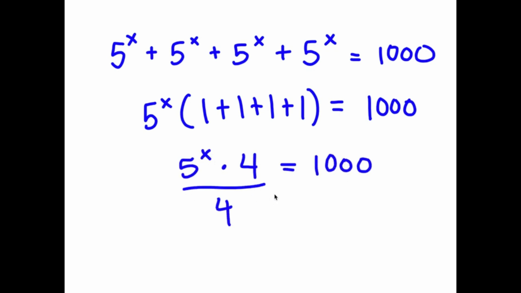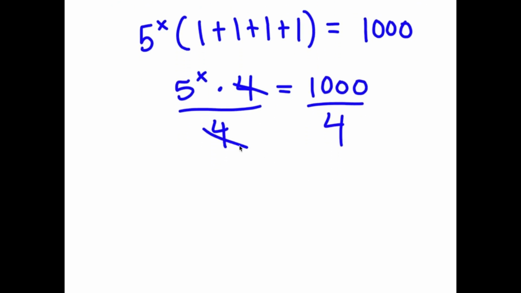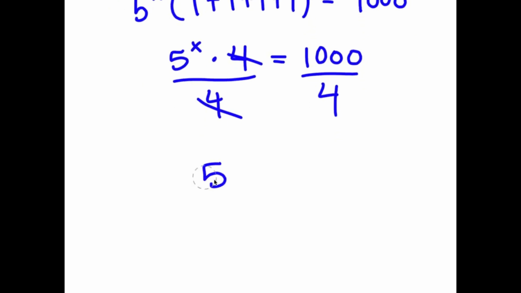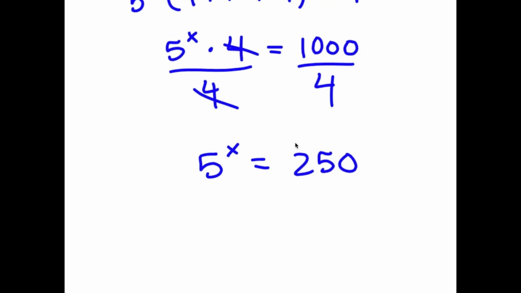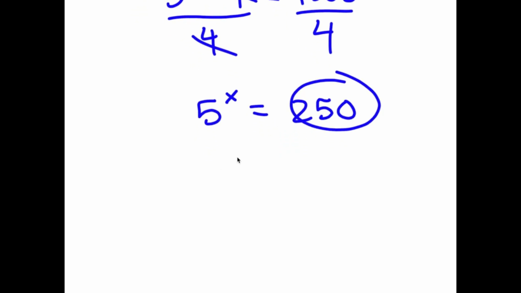Now I can divide both sides by 4. So then these two cancel out, and now I get 5 to the power of x is equal to 1,000 divided by 4, which is 250. Now, 250, I can rewrite this as 25 times 10.